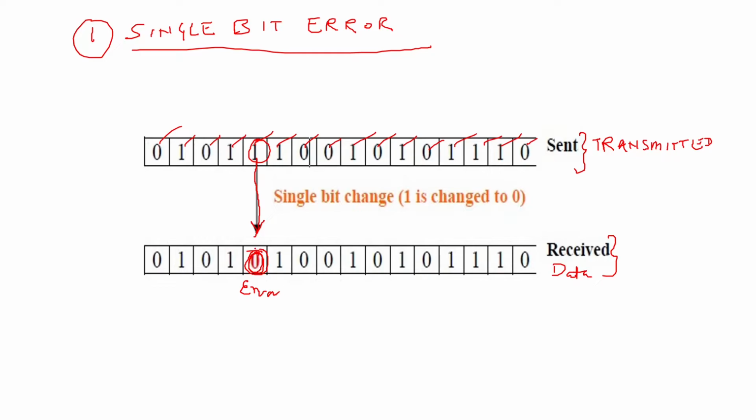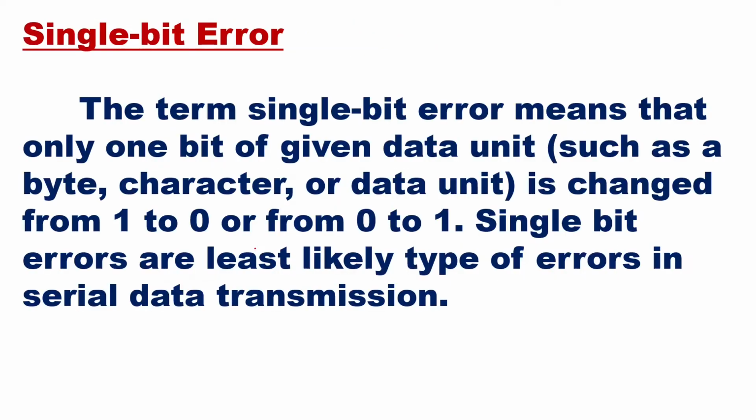You can send 8 bits, 16 bits, and if you are sending bitwise data, then it is called serial transmission. So this type of error is very rarely seen in serial transmission, but it is mostly seen in parallel transmission. Anyway, we'll go with the theory of this.